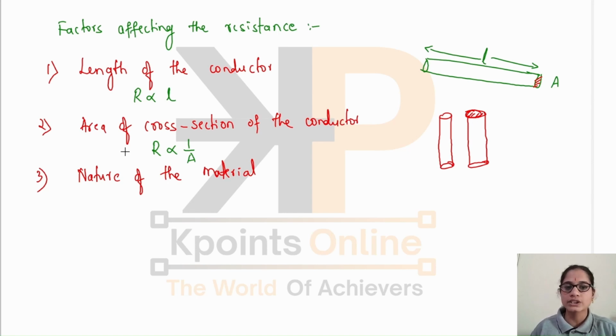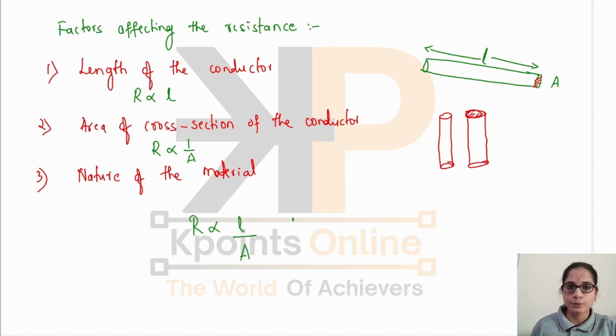So, area of cross section is inversely related to resistance. It also depends on the nature of the material. So, by combining these two relations, we get R is directly proportional to L and inversely proportional to A.